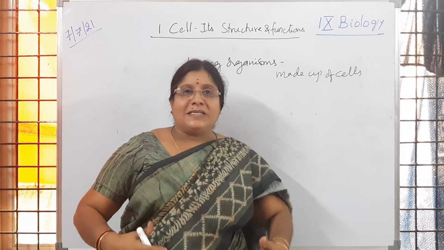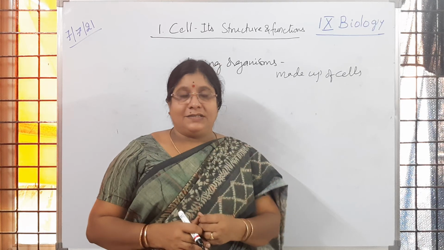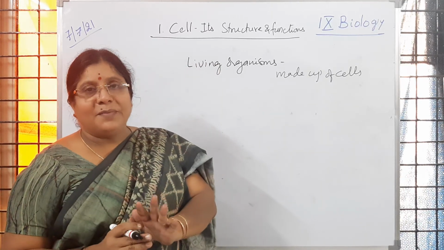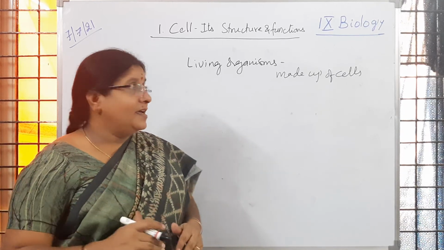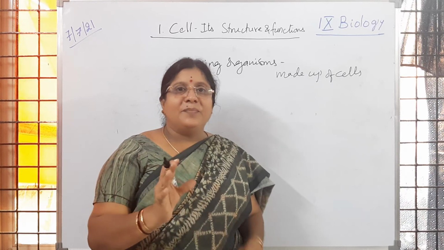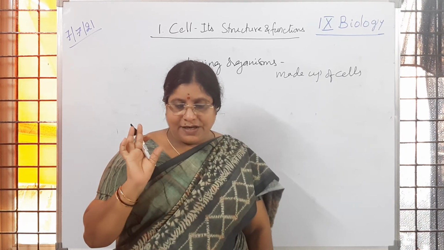So all the cells present in our body are doing different functions. So what you can understand here, multicellular organisms are also made up of cells only, but many in number. Whether it is unicellular or multicellular, they are made up of cells only. Is it clear to children?